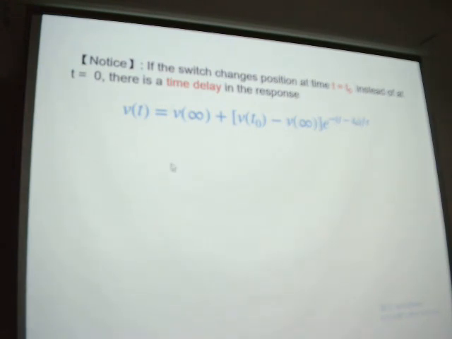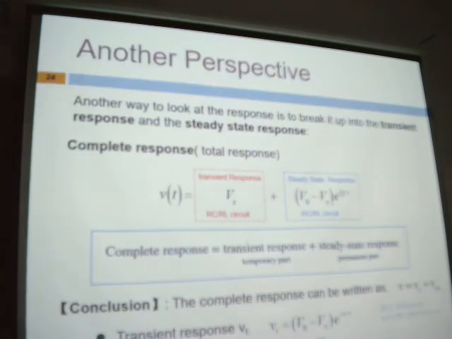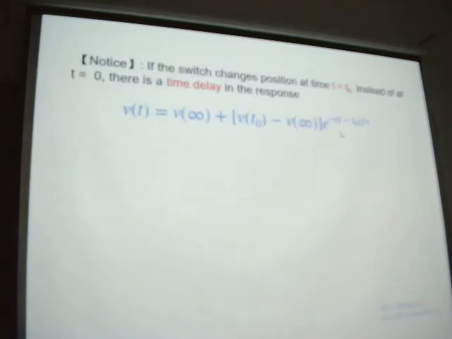In the previous equation, our t is just t. If we have a delay or an advance, there will be a change here. It changes to t minus t0, and if we have an advance, it will be t plus t0.